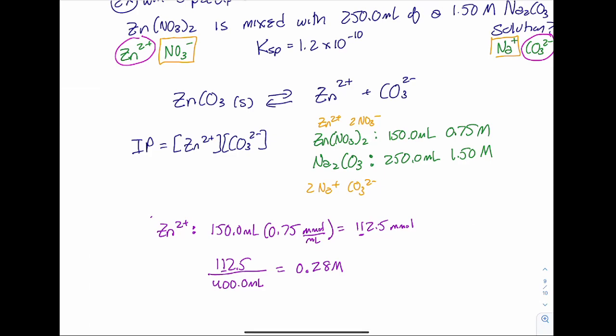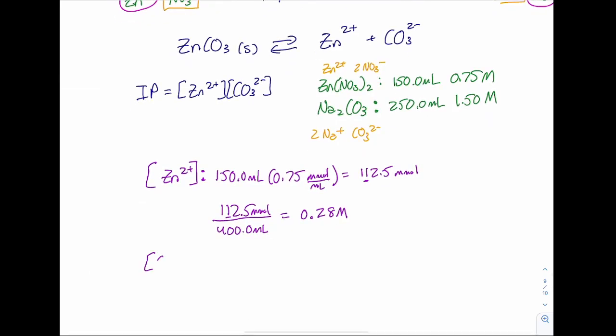So that's going to be my concentration. We should put those brackets around there. My concentration for zinc. So again, I just took its volume and its concentration, multiplied them, milliliters cancel, and that got millimoles. I divided that number of millimoles by my total volume in milliliters to get back to molarity.